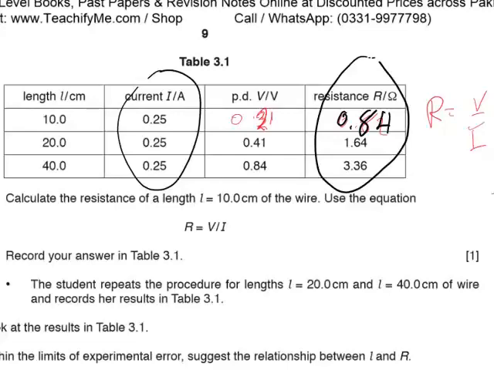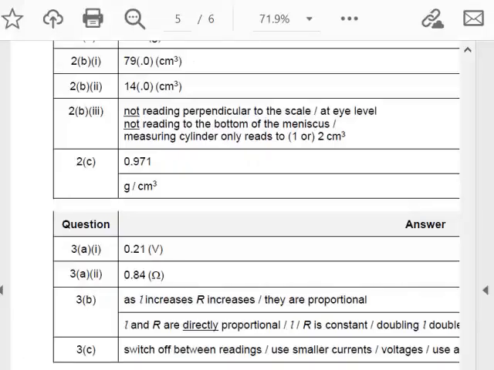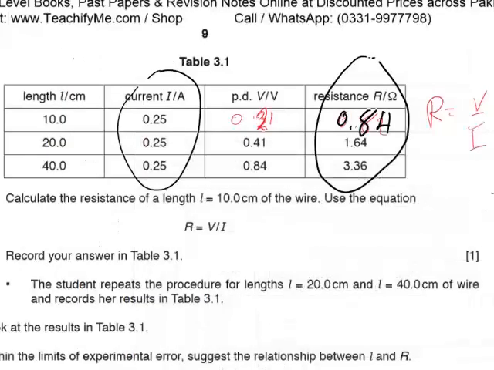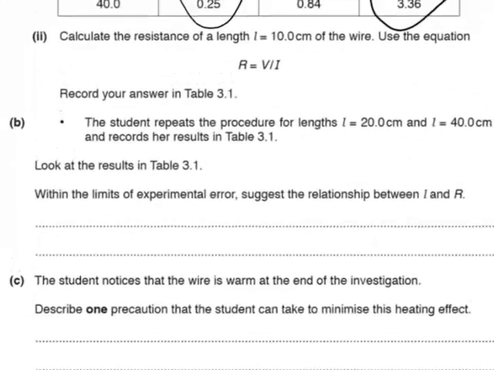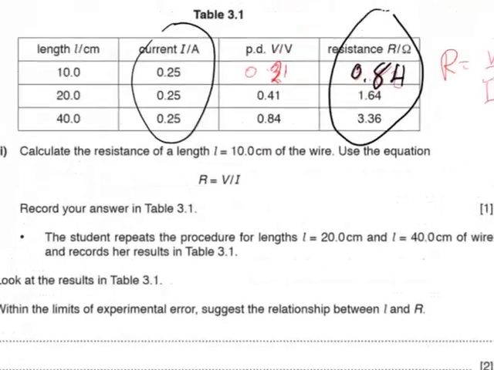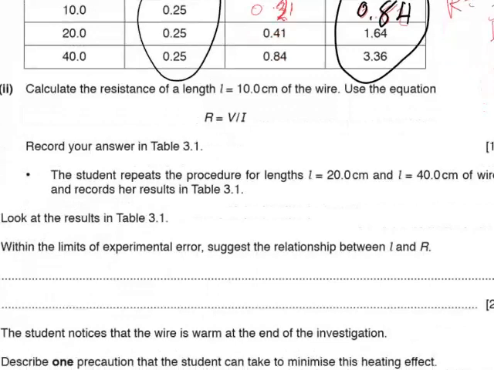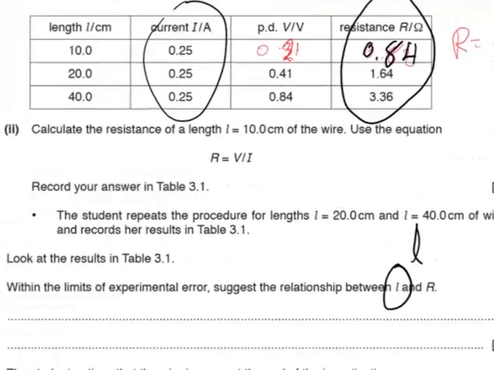Let me check the marking scheme again. Oh, sorry. I thought it's I. It says between L. So my mistake. Make sure you don't make that mistake. This is L and R.